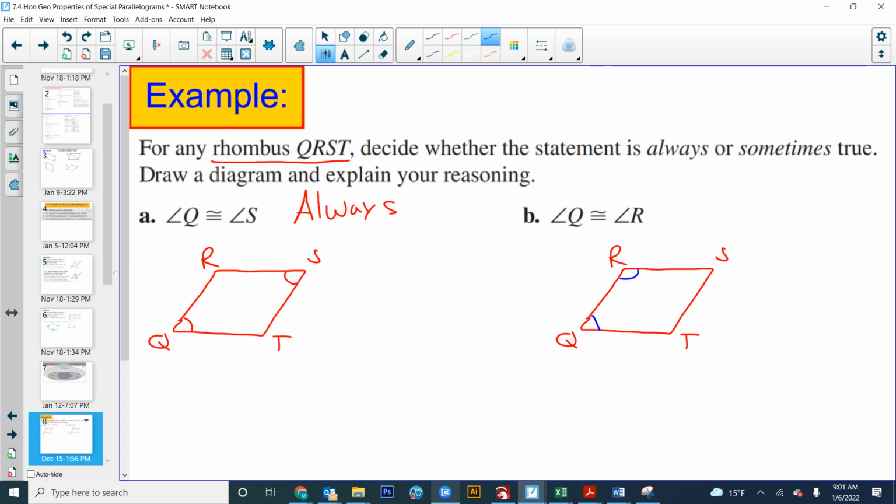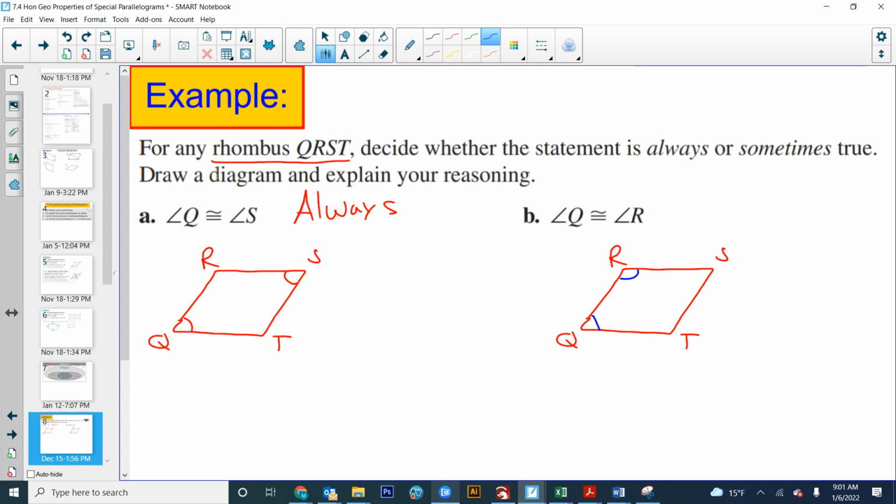They said these angles are congruent. And we're told it's a rhombus, correct? So is it ever a possibility that consecutive angles can be both supplementary, which they have to be, and congruent?